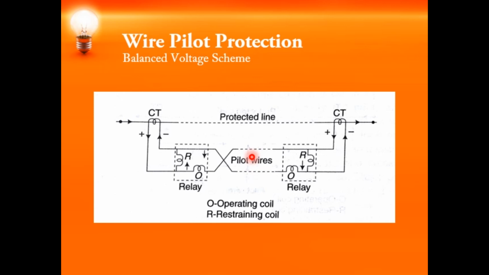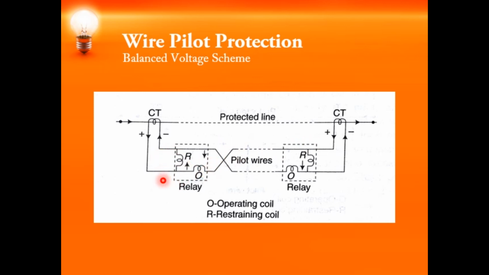When there are no internal faults, that is under normal operating conditions, and in the case of external faults, that is a fault occurring beyond these CTs, the current doesn't flow through the pilot wires and the operating coil.